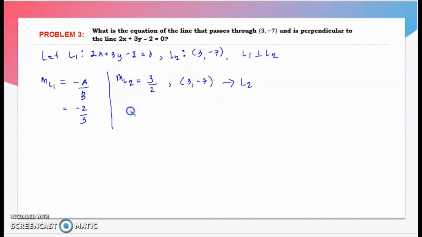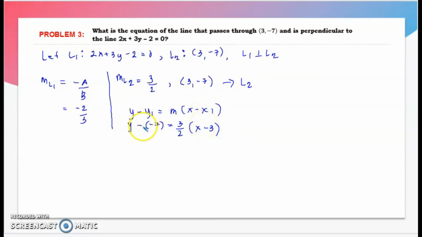So use point-slope form, which is y minus y1 equals m times x minus x1. So substitute the values: y minus y1, which is equal to -7, equals the slope, which is 3/2, times x minus x1, which is 3.